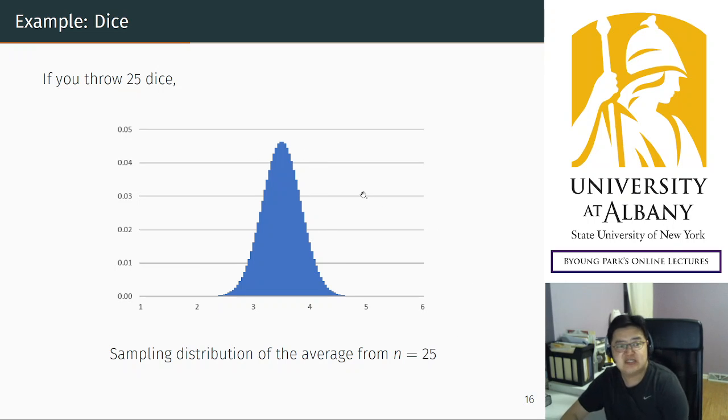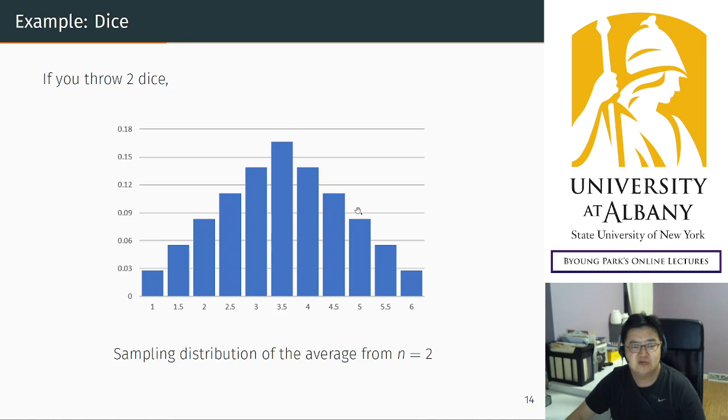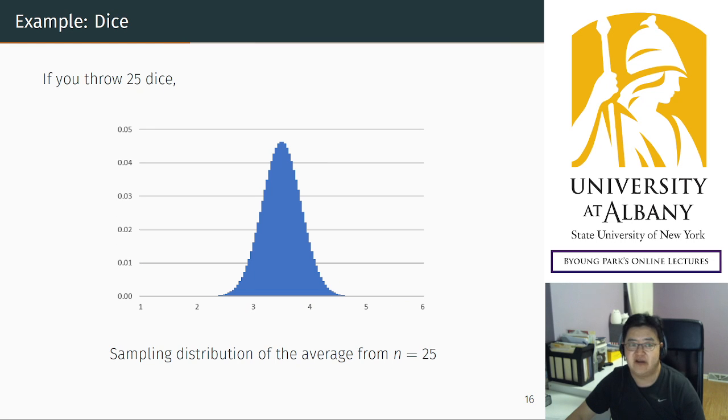So this is how the sampling distribution behaves and changes depending on the sample size, which is obvious. Depending on the sample size, the distribution will change, but there is a pattern. So 1, 2, 5, 25.